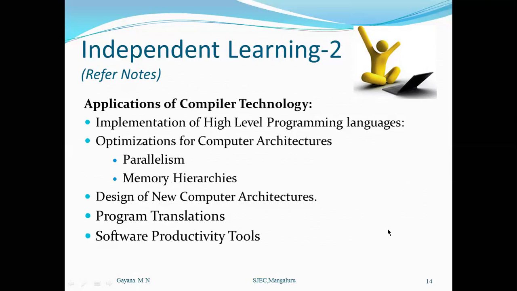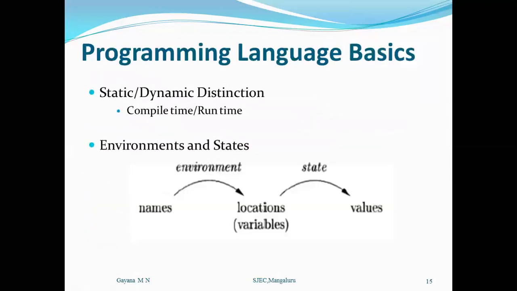And then some components of software productivity tools. Much more sophisticated tools were developed due to the high development of compilers. Many software were also developed. So all these are the applications of compiler technology.